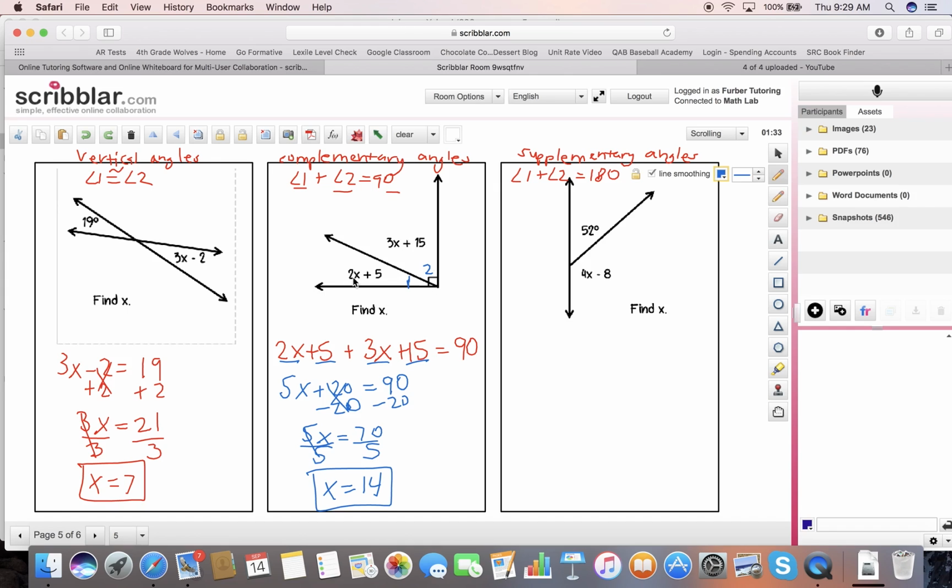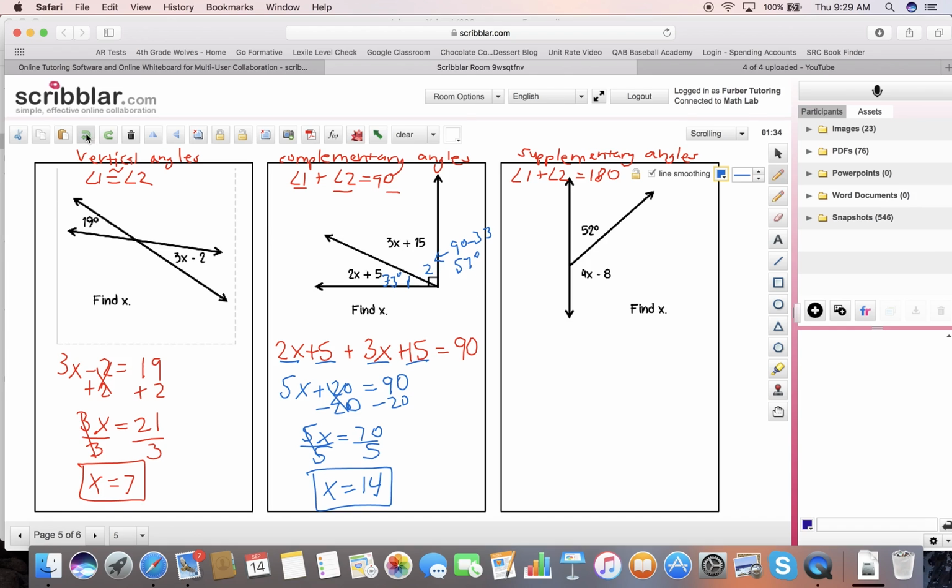For example, 14 times 2 is 28, and 28 plus 5 is 33. So this is a 33-degree angle. If I want to find out angle 2, I could just do 90 minus 33, and I would get a 57-degree angle. So angle 2 would be 57 degrees.